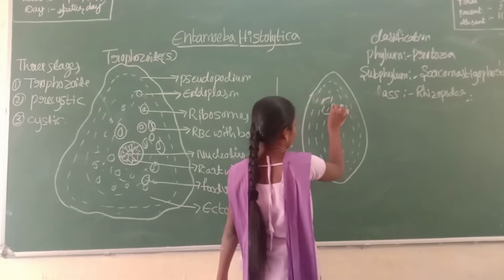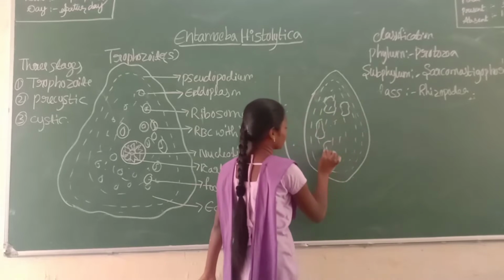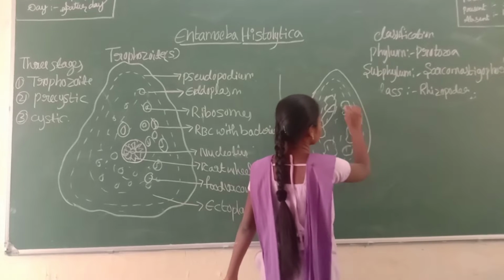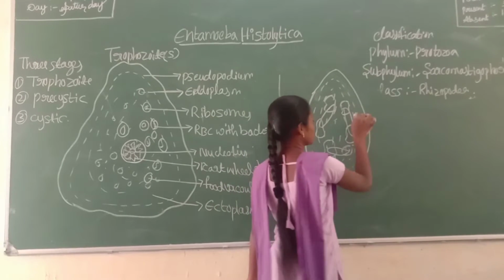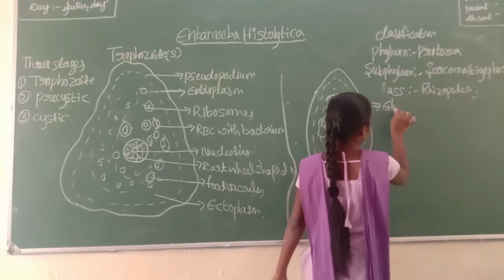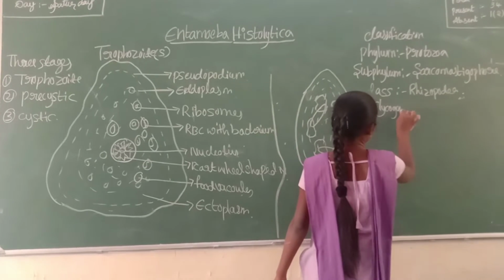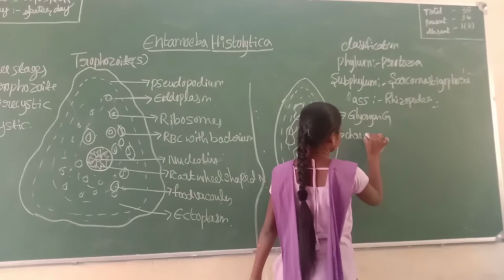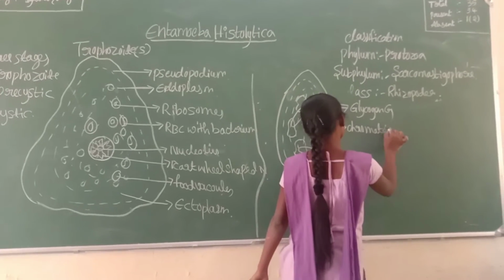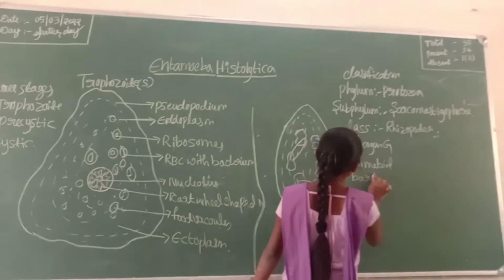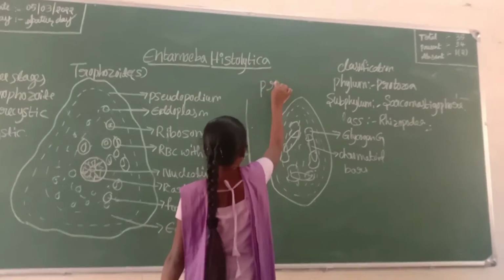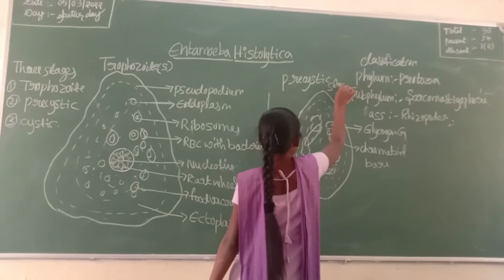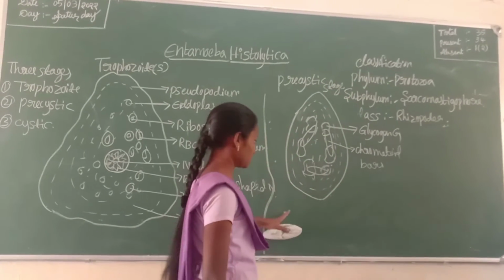It is absent. These are the glycogen granules. These are the chromatoid bars. This is the precystic stage.